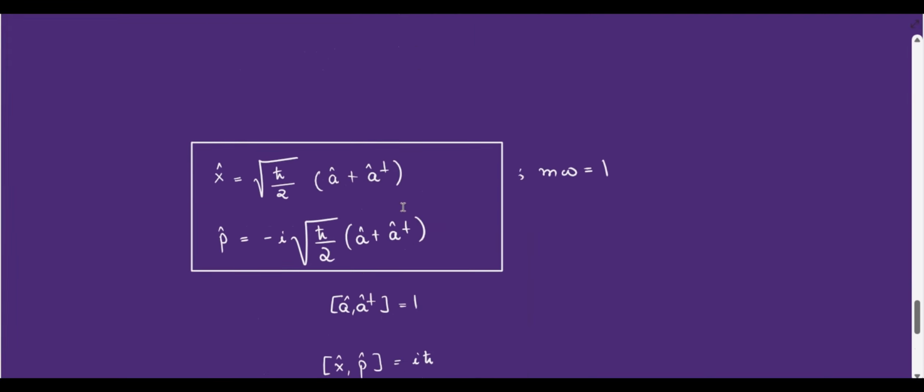Moreover, note that the eigenvectors of x cap and p cap are not the number states. We can easily see that from here. If I act x cap on the state n and use this particular relation, this is equal to root of h bar by 2 into a cap plus a cap dagger acting on n.